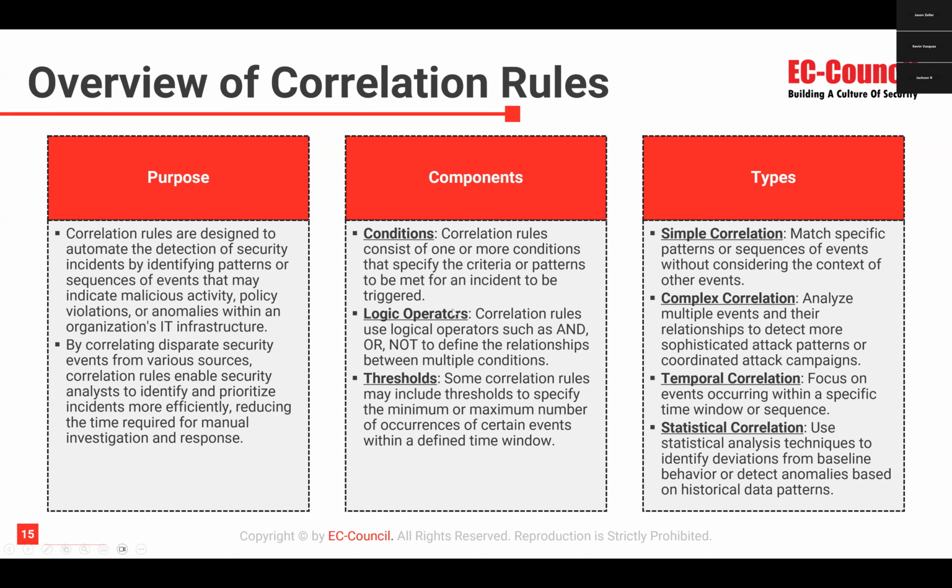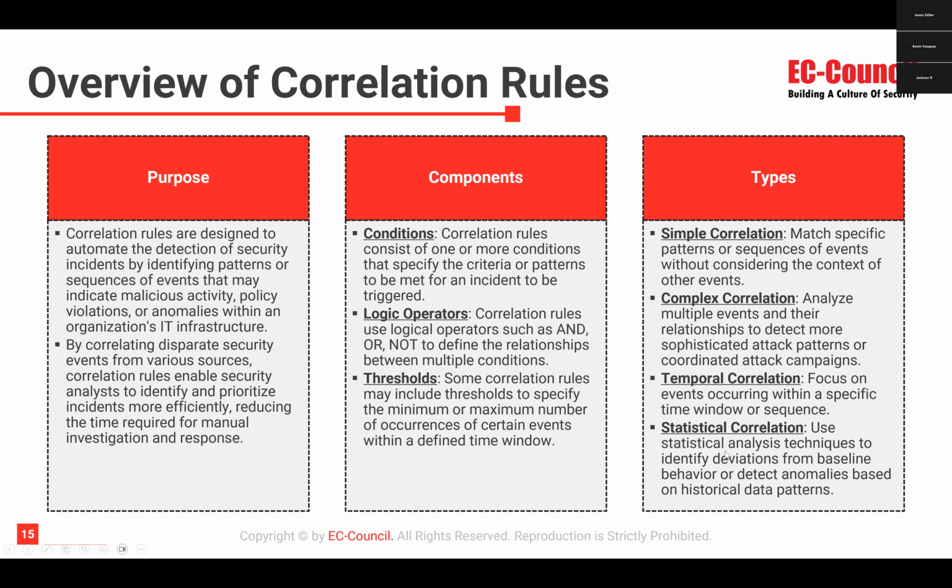So different types of correlation that you could set up: a simple correlation, where it matches specific patterns or sequences of events without considering the context of other events. Complex correlation, where it considers multiple events and the relationships based off a sophisticated attack. So you might start seeing a couple of pings on a port, and then you also start seeing a flood of information over here. It will actually take those two events as one event as opposed to just a singular event.